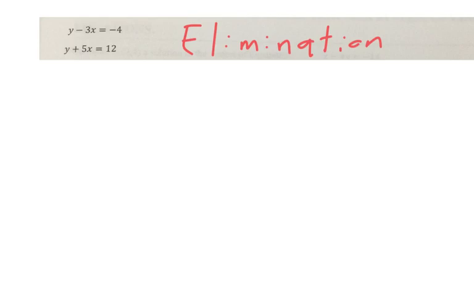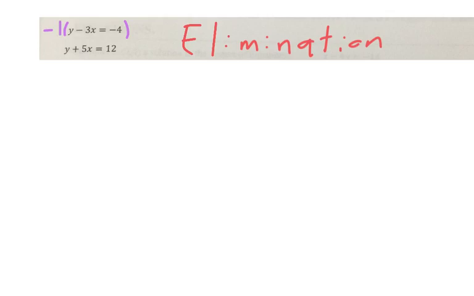In order to eliminate, I need an x or a y to have opposite coefficients. So I'm always looking, are any of them opposite already? Well, this is a -3 and a +5. They are opposite signed, but these are not the same number. Here, these have the same number, but they're not opposite signed. So I think the easiest thing to do here would be to make the top equation have a -y.